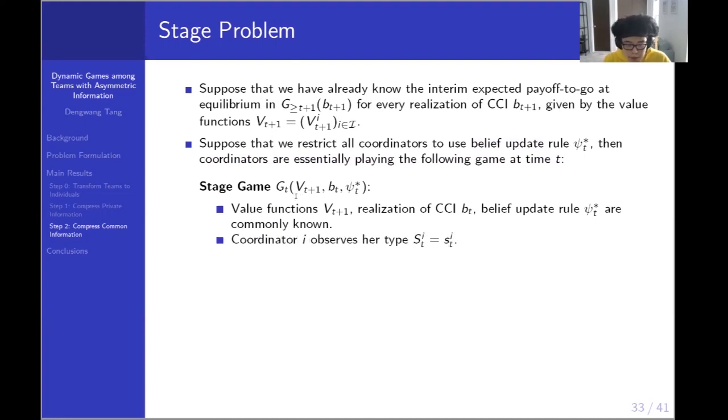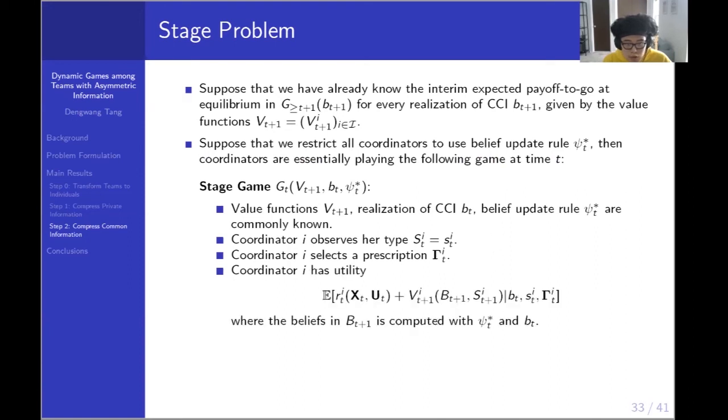that is described as follows, where the coordinator has some private information, that is sufficient private information. The coordinator selects a prescription, and the coordinator has some utility that can be expressed as a function of the CCI, the SPI, and the prescription.